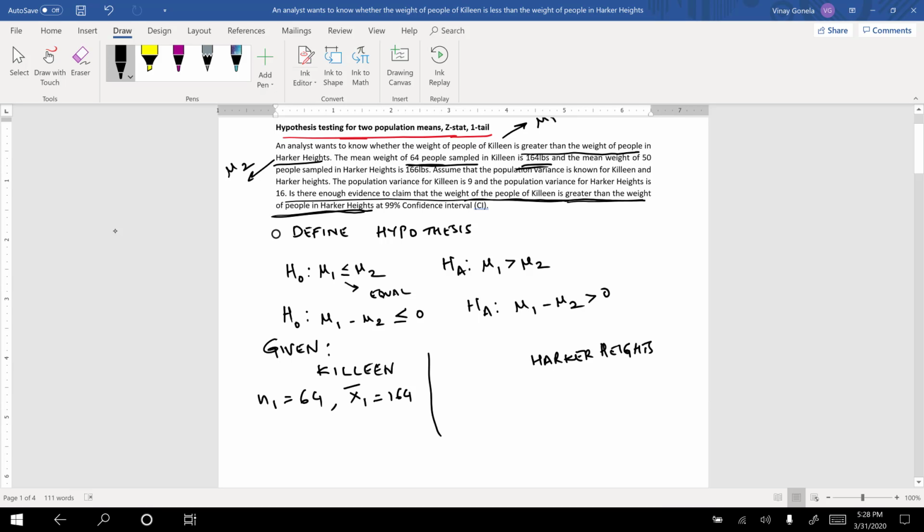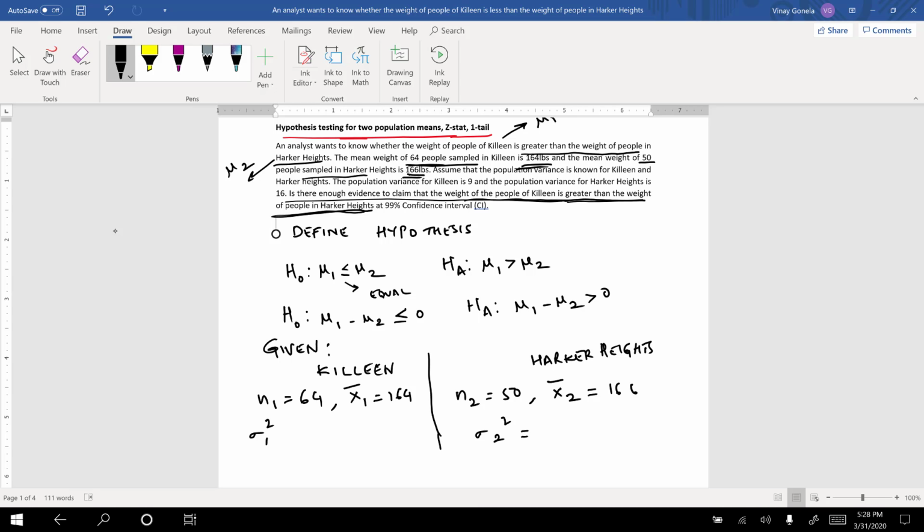and then the mean weight of 50 people sampled in Harker Heights, so n2 is 50, and then x2 bar is 166, and then assume that the population variance is known. So sigma 1 square and sigma 2 square are known.